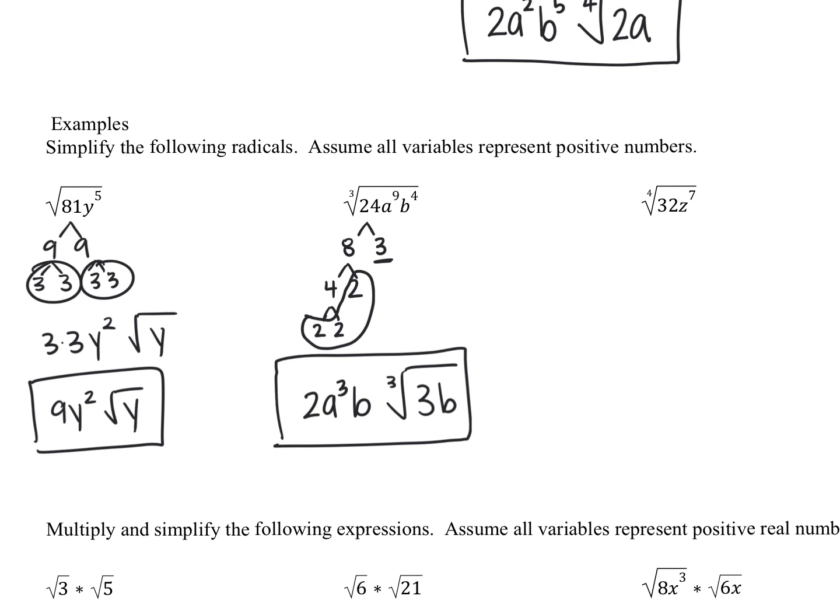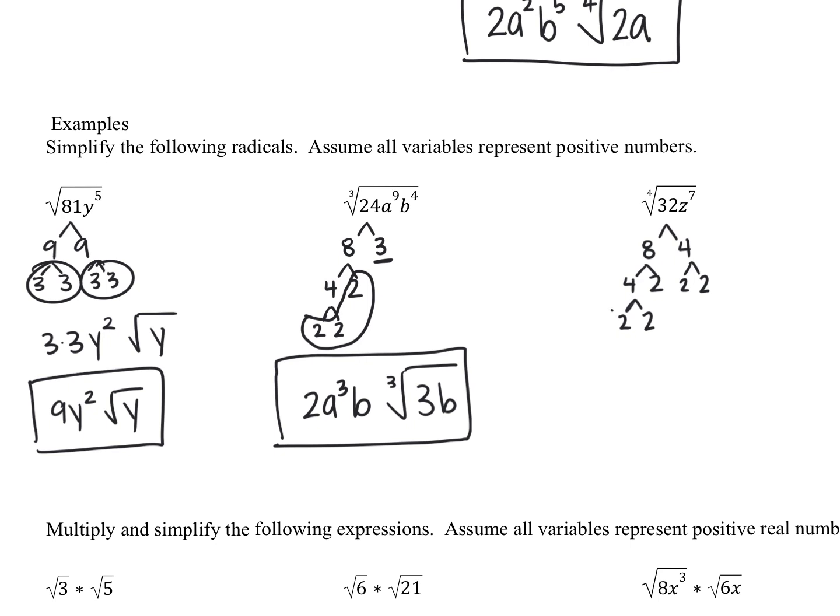And the last example, fourth root of 32 x z to the 7th. So 32, I'm going to break down as 8 times 4. 4 is 2 times 2. 8 is 4 times 2, which is 2 times 2 times 2.